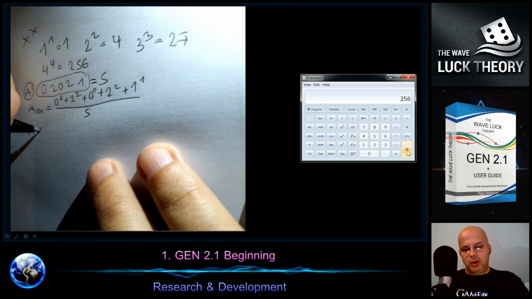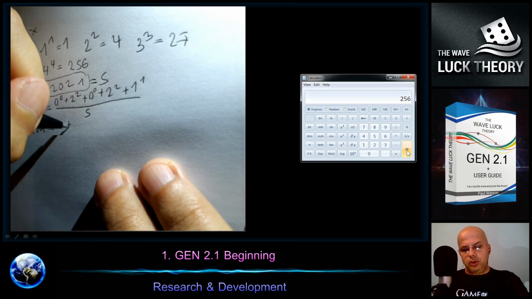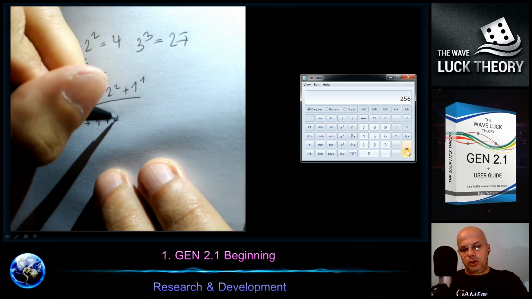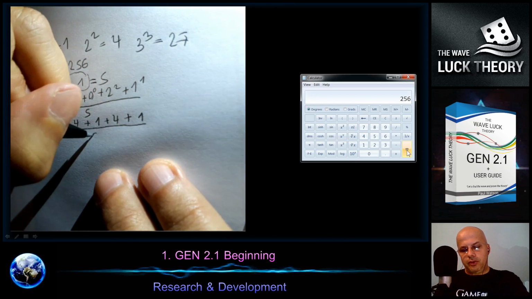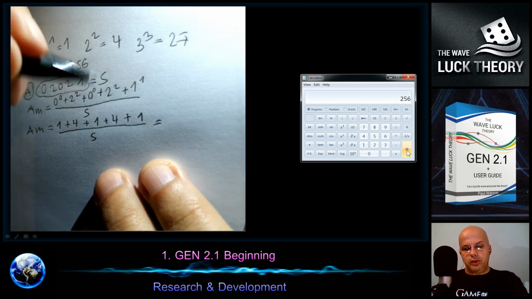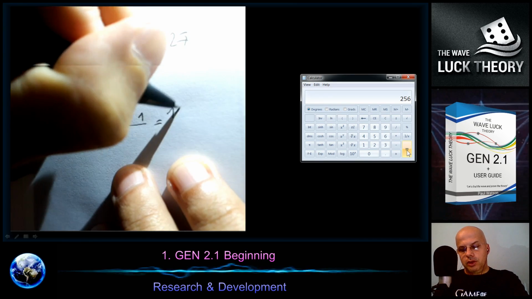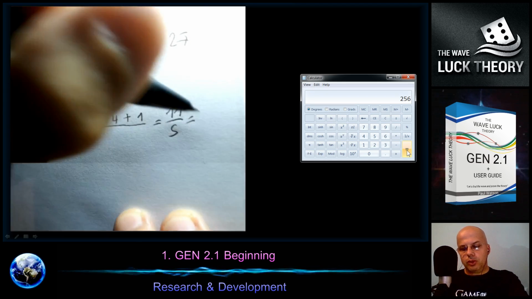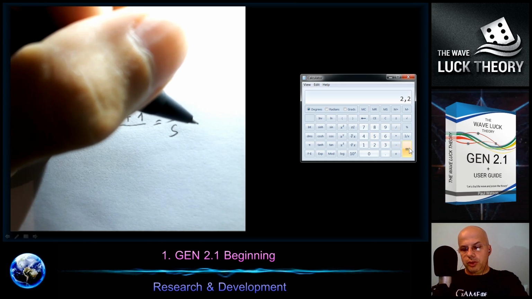And the AM is 0 on 0 is 1, 2 on 2 is 4, 0 on 0 is 1, plus 4, and 1 on 1 is 1, divided by 5. So the sum is 11 divided by 5, and it's equal to 2.2.